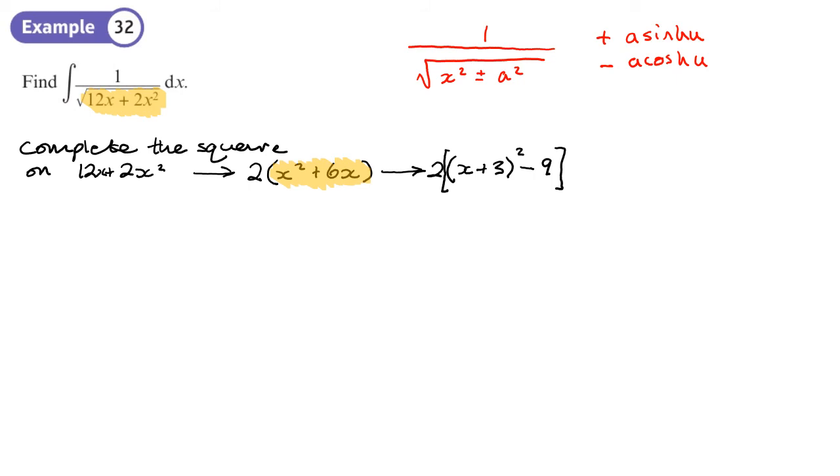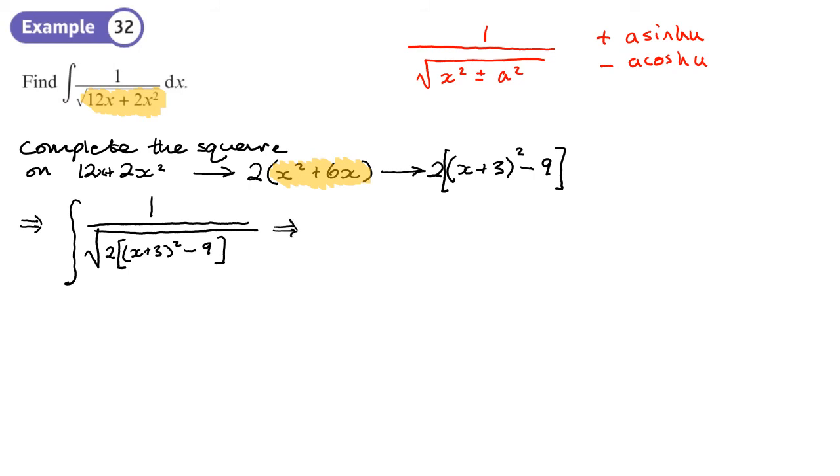So what we write now is this. I'm going to integrate 1 over the square root of all of this, so I need 2 brackets, x plus 3 squared minus 9. Now the 1 over square root 2 can be taken to the other side because you can split up that denominator.